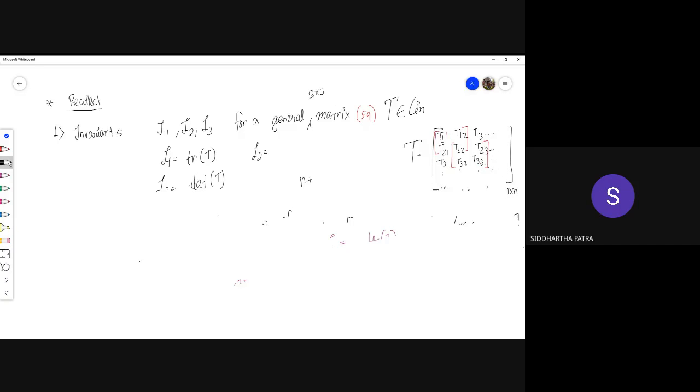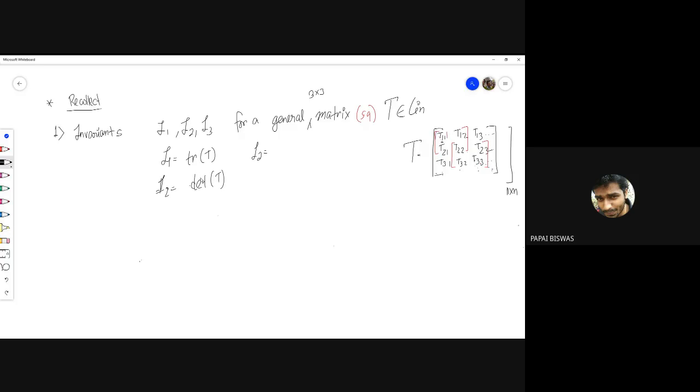Can you give me the expressions for I1, I2, and I3? Can you calculate those expressions? Can you calculate I1?